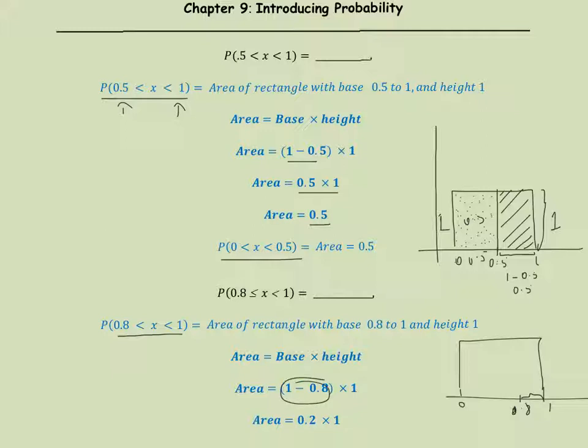So you go 1 minus 0.8, which is 0.2. That's the base. The height we've figured out is equal to 1. So the area of the rectangle is equal to 1 times 0.2, which is equal to 0.2. So the area is equal to probability. So the probability of picking a number between 0.8 and 1 is the same as the area corresponding to that event, and that's equal to 0.2.